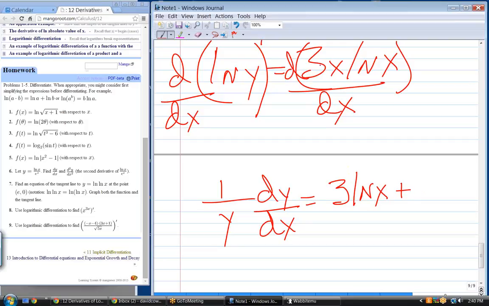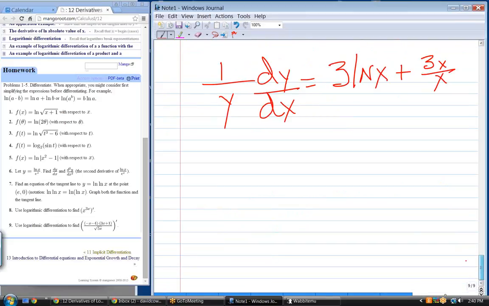So this was the derivative of this times that, plus the reverse. What's the reverse? 1 over x times 3x. Like that? So now dy dx ends up being this whole quantity multiplied by y.